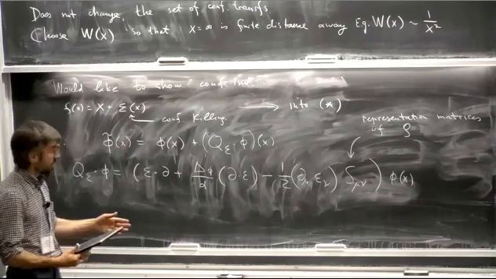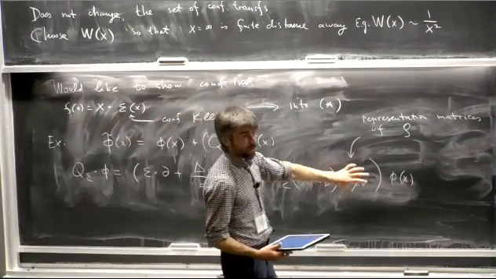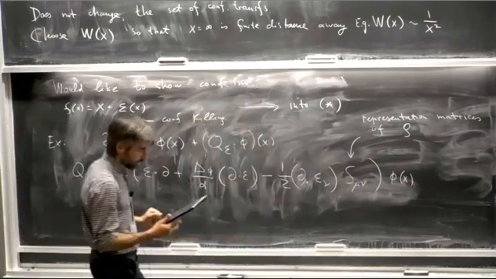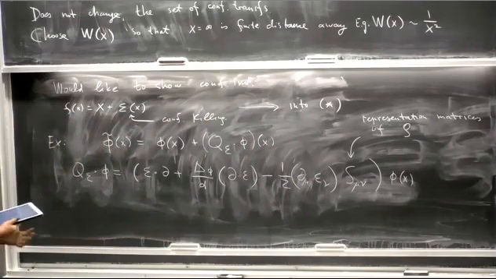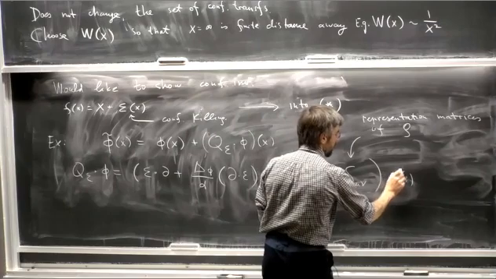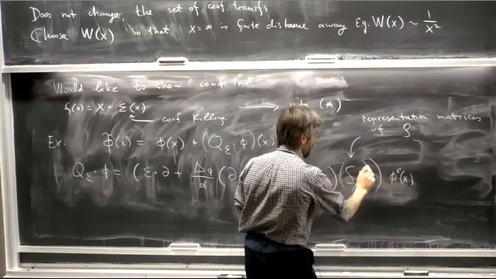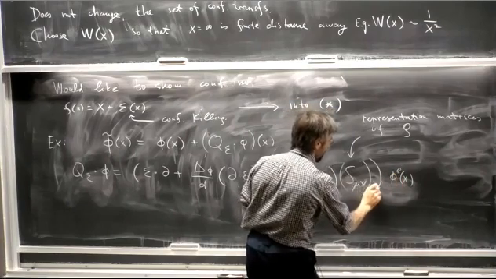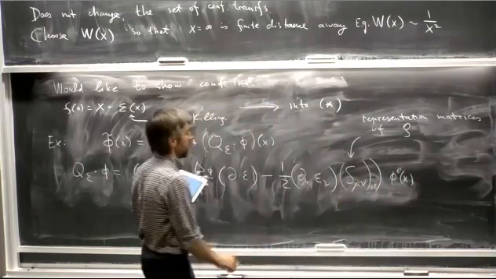In particular, if phi is a scalar, then this term is absent. If you wish, I could write it like this: suppose that phi has some indices, let me write phi b, and then these matrices have two indices a, b.